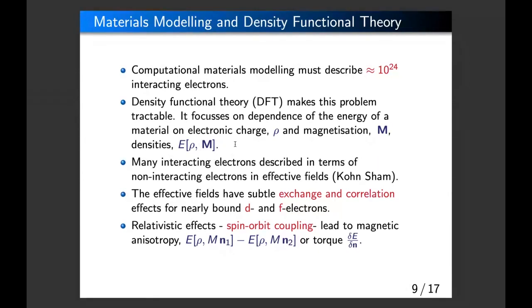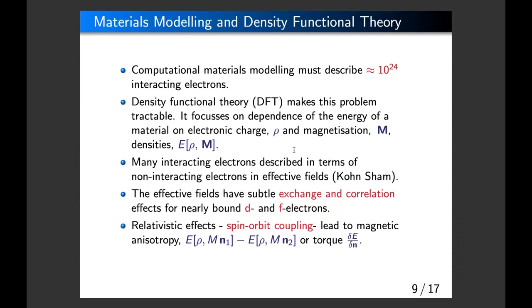And then the beauty of the method is that this minimization process can be recast in a form where, instead of solving for many electrons, you solve a Schrödinger equation for a single electron moving in effective fields that are set up by all the other electrons. So now one can throw computational power at something where there's a lot of expertise around. If people know about density functional theory, these are the Kohn-Sham equations.